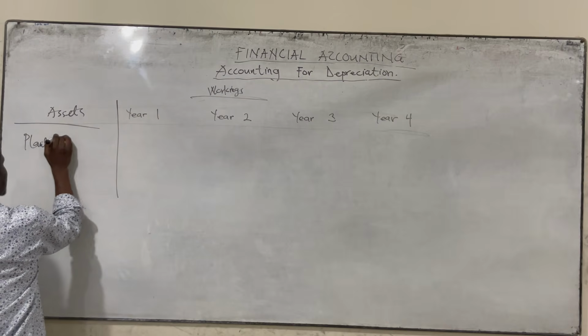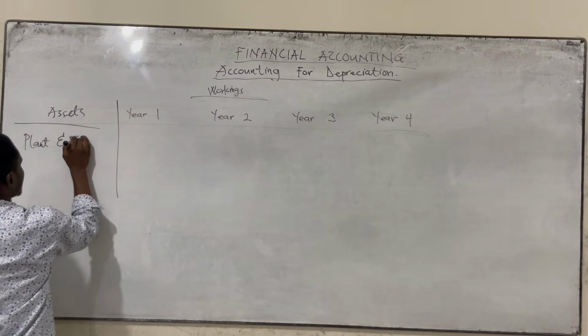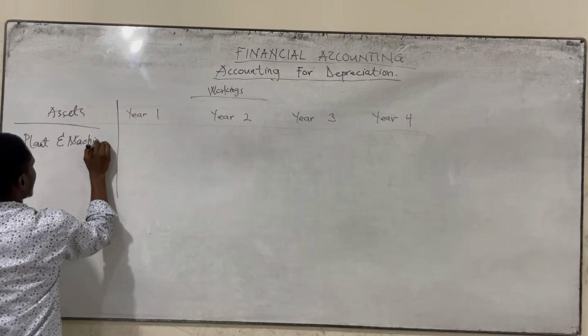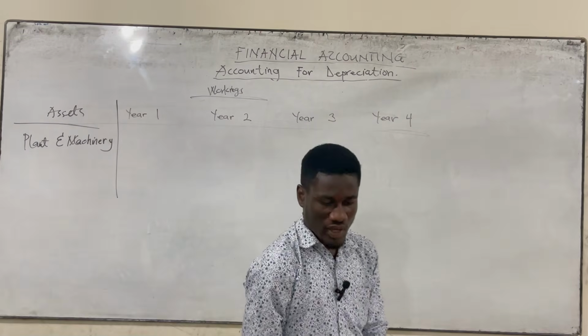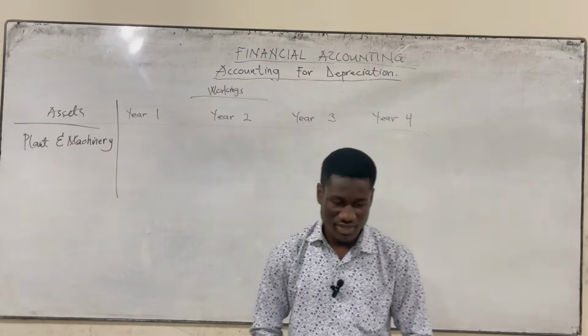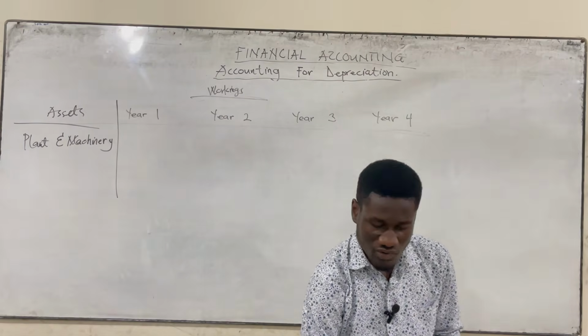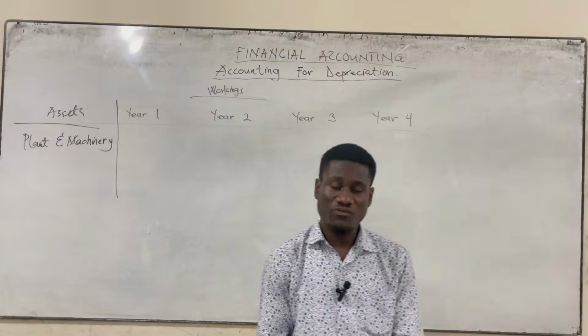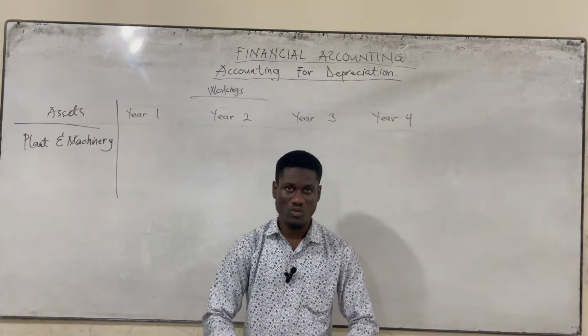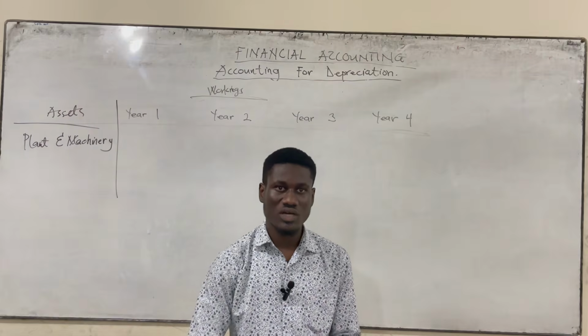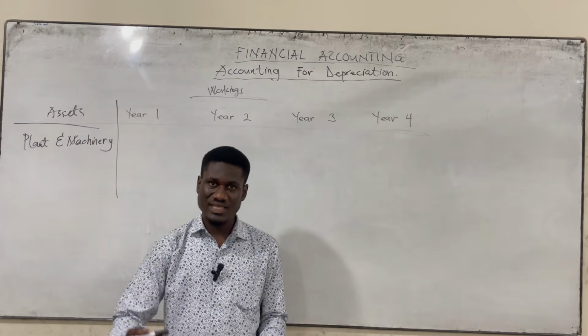Plant and machinery. Good. So we are using what? Reducing balance basis. Good. So for this, what we are going to do is for year 1, as I said, we are going to calculate on the cost for year 1. The next year we are going to calculate on the net book value. The next year net book value.